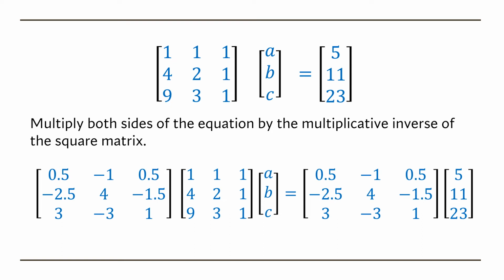But realize that all it is is that thing that we talked about in the previous slide times the thing above. So we have the multiplicative inverse times that original square matrix times that column vector equals that multiplicative inverse times the column vector that had the values in it. Okay, that's all it is.